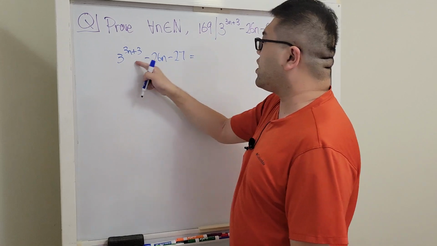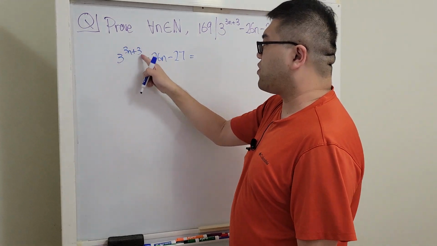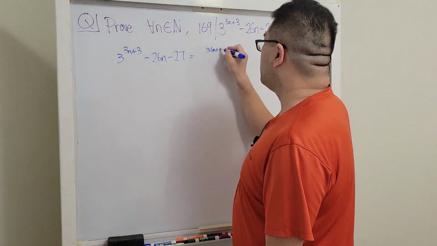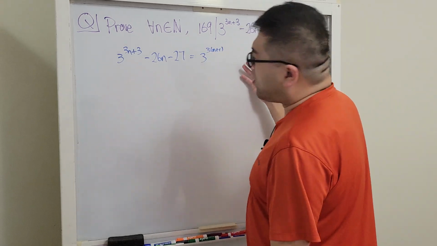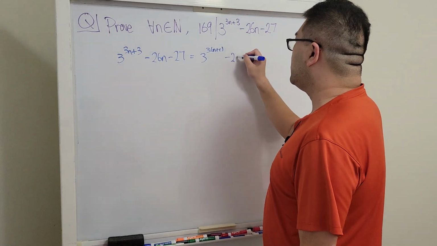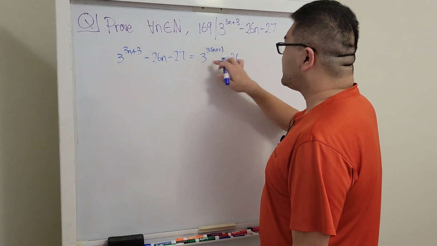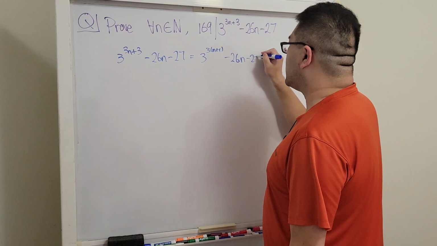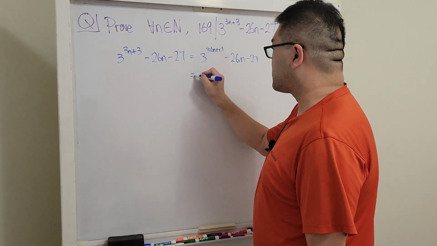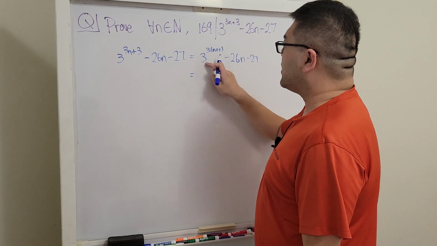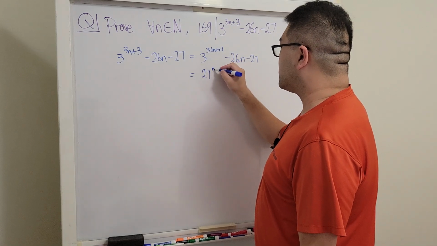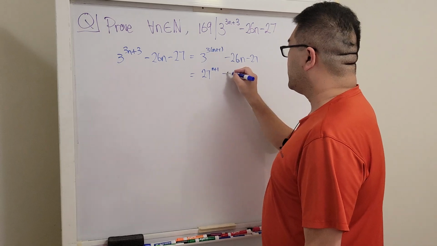We're going to rewrite this by factoring out the 3 in the exponents and then use the power of a power rule that we learned in high school algebra. We will say that this expression is the same as 3 to the third power, raised to the n plus first power. And in that case, 3 to the third power is equal to 27, and then again raised to the n plus first power.